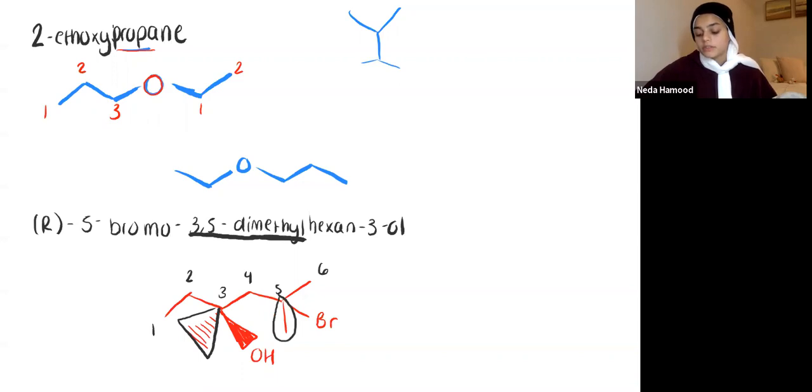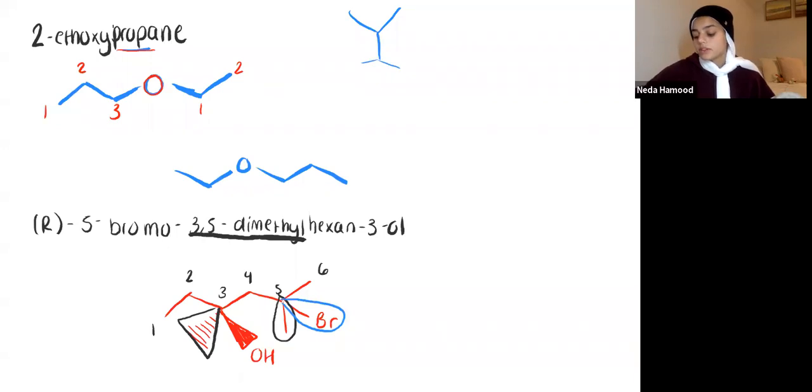So we have another one over here, and we have our methyl on the dash because it is the lowest priority group compared to the ethyl on the side, the OH, and the propyl carbons. And then obviously OH is the highest priority group between that. And then we also have our 5 on our bromine like that.